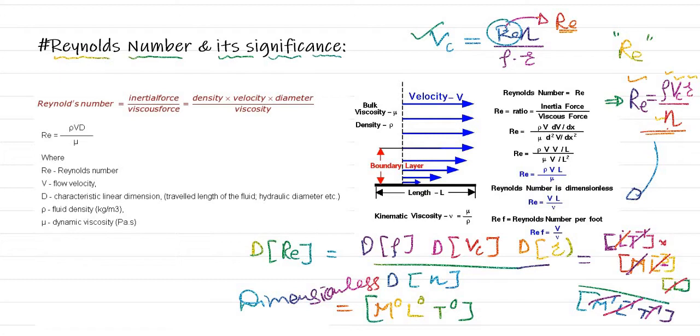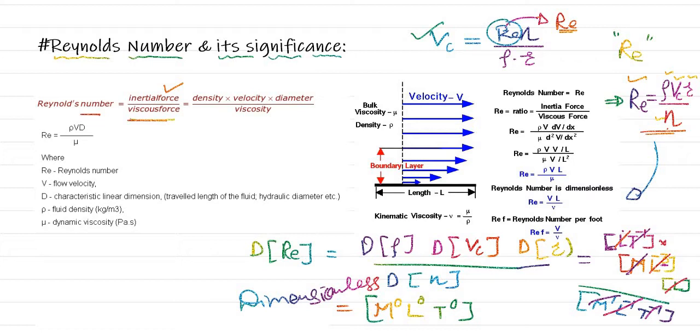Now come to the point of how we can define this Reynolds number, and that is what I have written here also: the inertial force divided by the viscous force. The inertial force is this density into velocity and the diameter or the radius of the tube. That means this liquid is moving within a tube of diameter d with a critical velocity v, and if the density of the liquid is rho, then whatever their product is, we call it the inertial force.